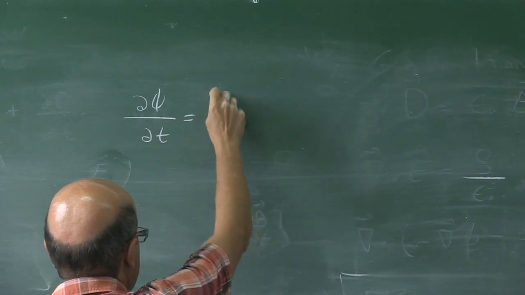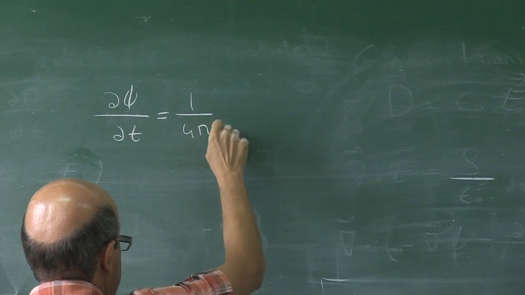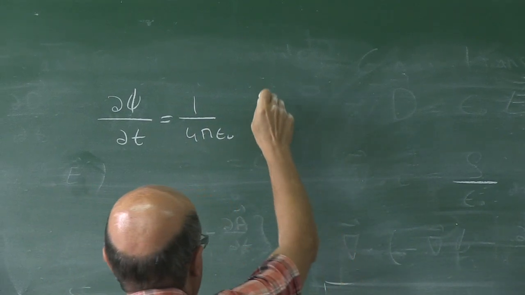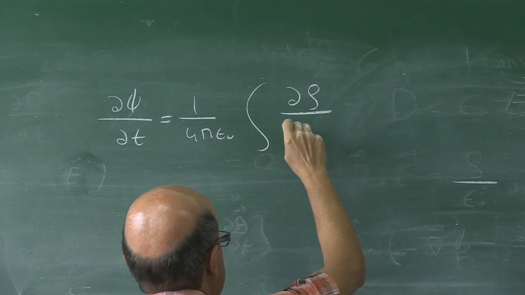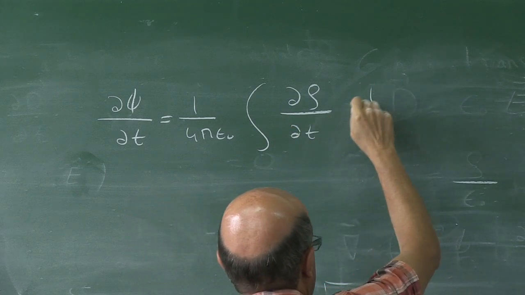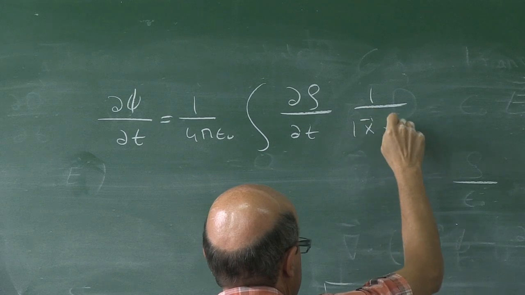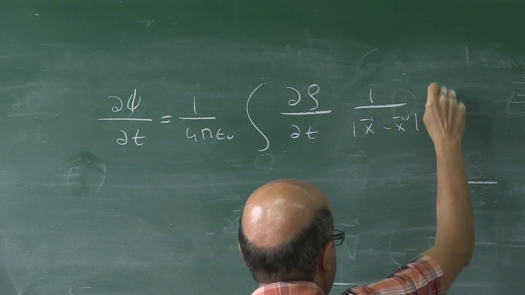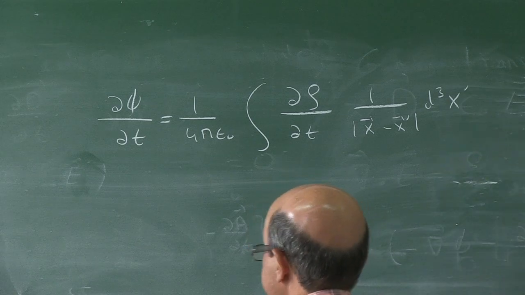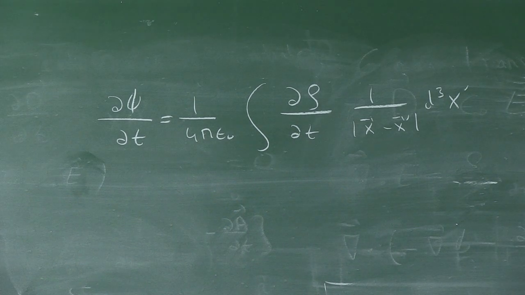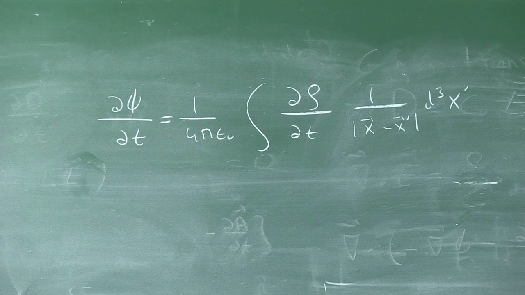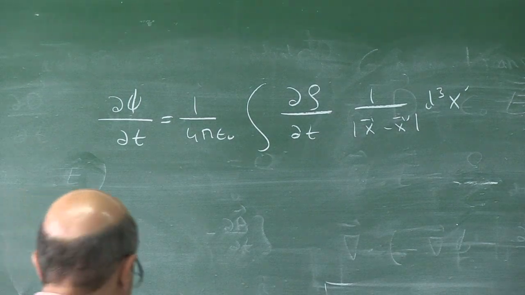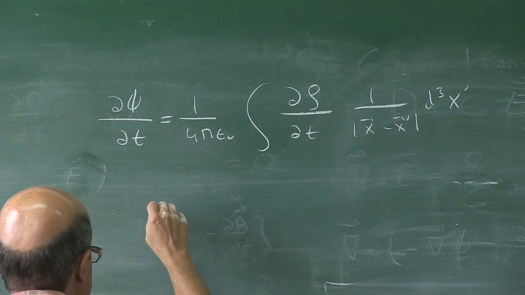That is 1 over 4 pi epsilon 0 del charge density over del t, 1 over x minus x prime, d cube x prime, using the continuity equation.